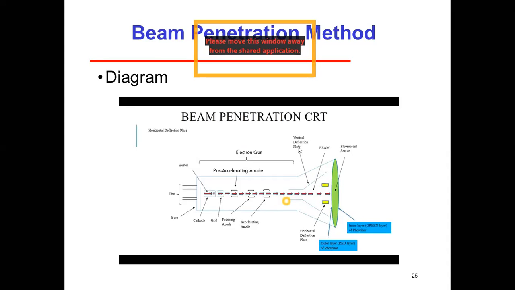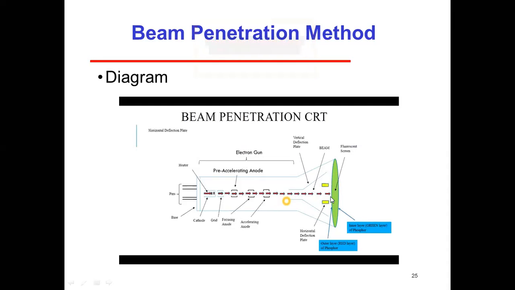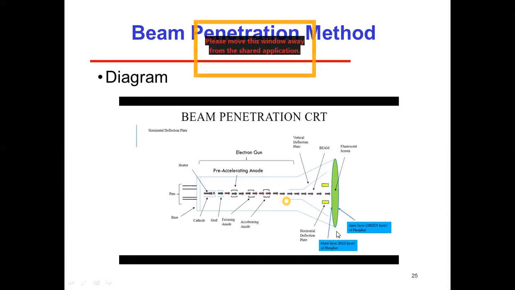Here you can see the beam, and then the fluorescent screen. The inner layer is green, we are using phosphor again, and the outer layer is red. So its outer layer is red and inner layer is green. We are using the phosphor material again here.